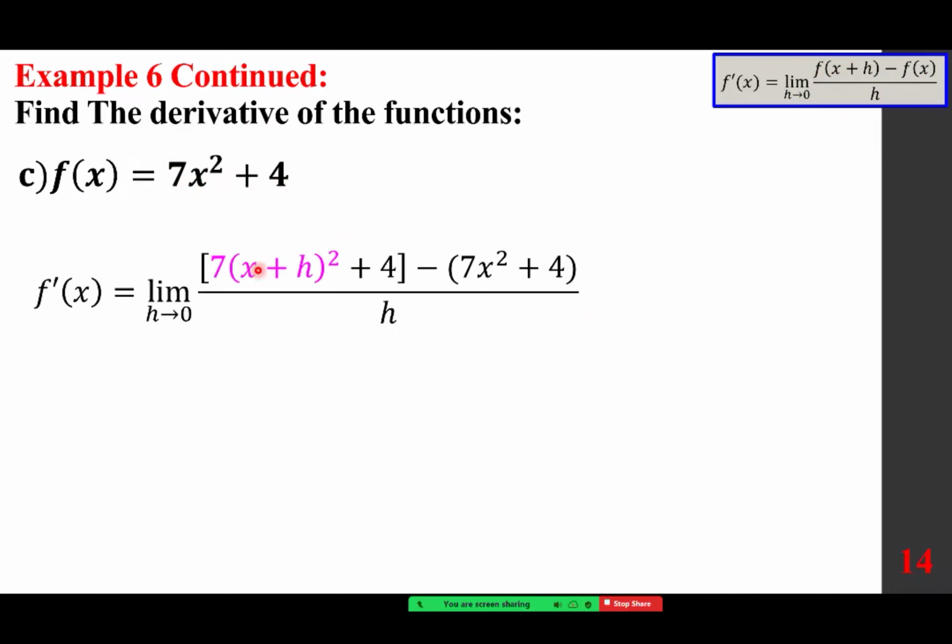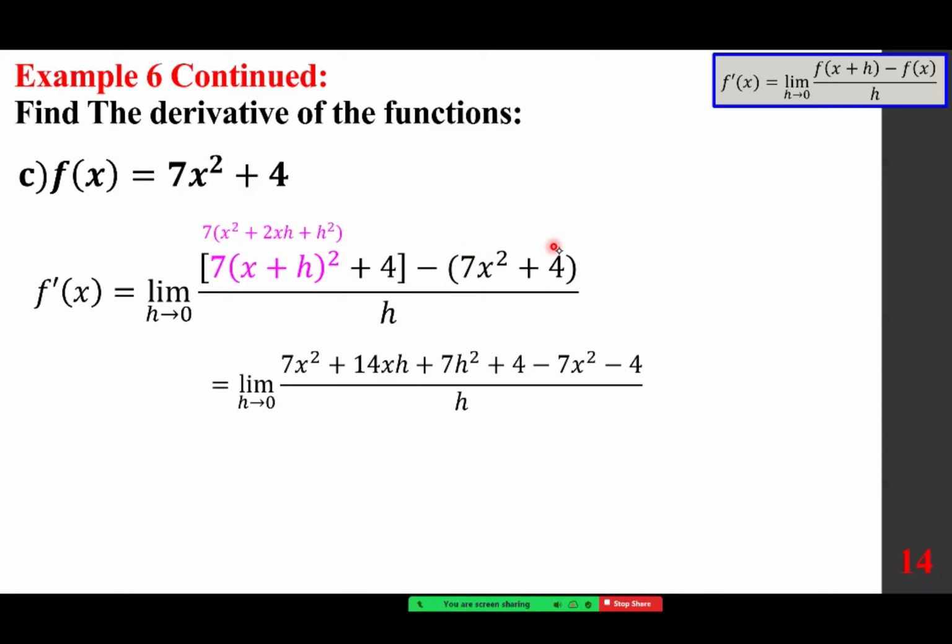x plus h squared is x squared plus 2xh plus h squared. Distribute the 7. You get 7x squared plus 14xh plus 7h squared plus 4 minus 7x squared minus 4. 7x squared and minus 7x squared cancel each other. 4 and negative 4 do the same.